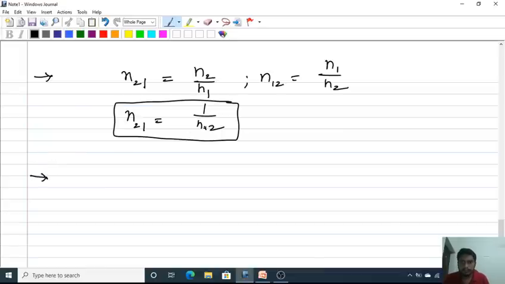Before defining the refractive index, I want to write one more expression here.